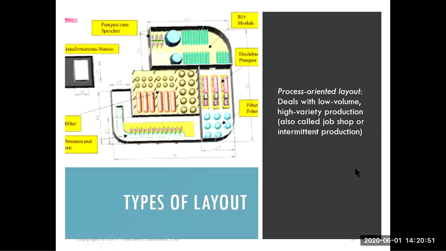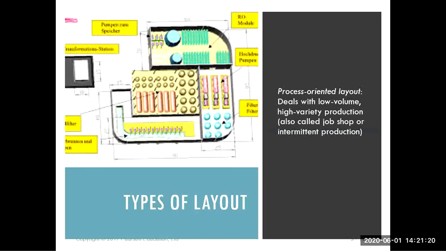Usually a process oriented layout is suitable in manufacturing with low volume and high variety of production. This layout decision is highly related to process design, or process decision making.